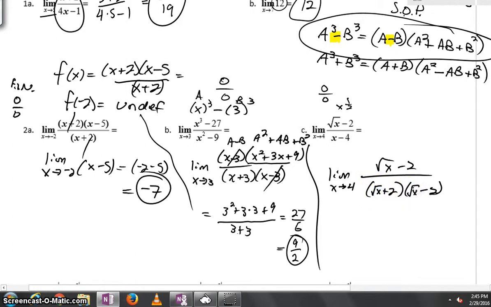Radical x. You see that? Sometimes kids will look at that and they'll say, what are you talking about? Well, look, if you've got a squared minus b squared, I think we all know it's a plus b times a minus b. Right? We factored that out a lot.